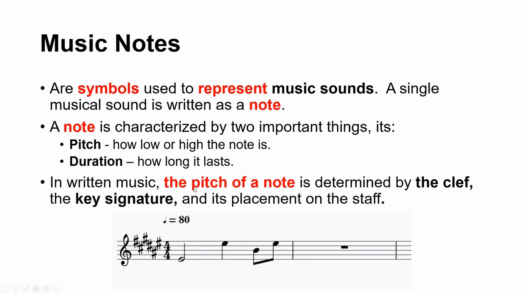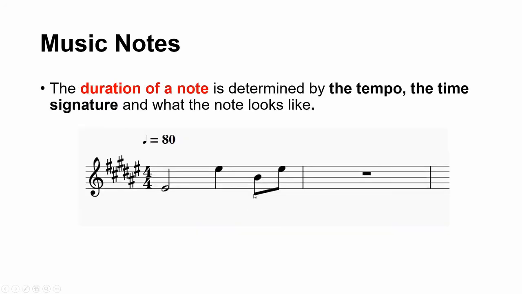The pitch is determined by looking at the clef and the key signature and where the note is positioned on the staff. The duration of the note is determined by the tempo of the music, the time signature, which is these numbers here, and also the shape of the note.